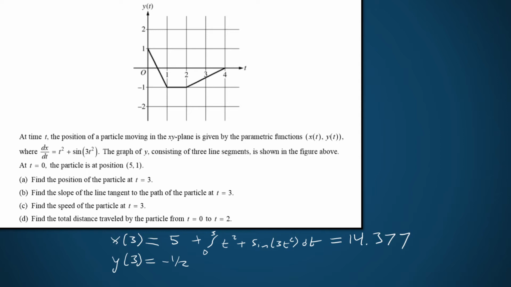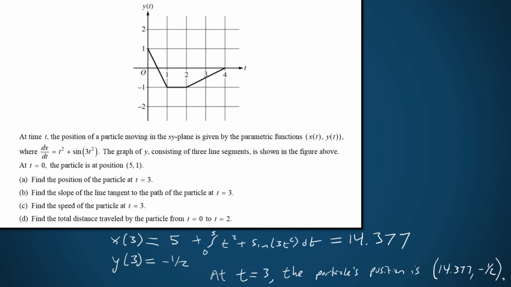Okay, so I've got x position and y position. Well, let's put them together and we've got our position.